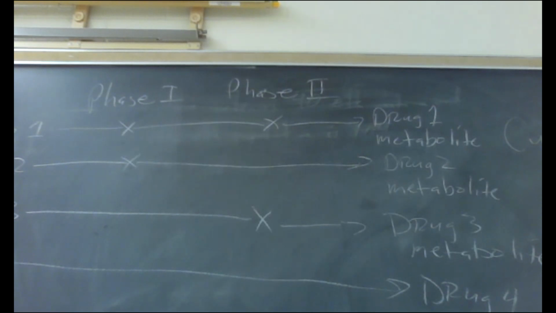Fluoxetine is Prozac. Prozac is a very heavily prescribed antidepressant. Very, very heavily used. In fact, it's often called in psychiatric circles, quote unquote, the happy pill, because it works really well.